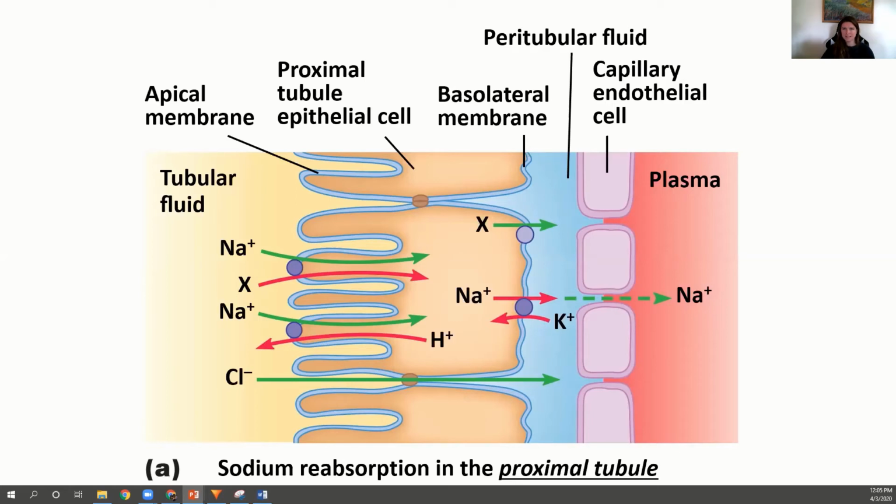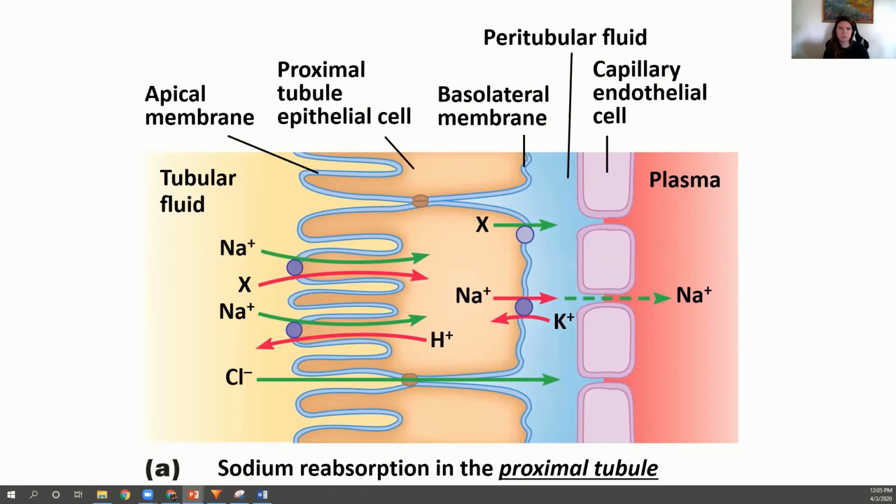So we're not regulating in terms of turning on and turning off, but we are putting some energy into this process. So on our basolateral membrane, we have our sodium and potassium pump, just doing active transport of sodium and potassium. It's transporting sodium out into our peritubular fluid. It's transporting potassium into our epithelial cells, into our cytoplasm there.